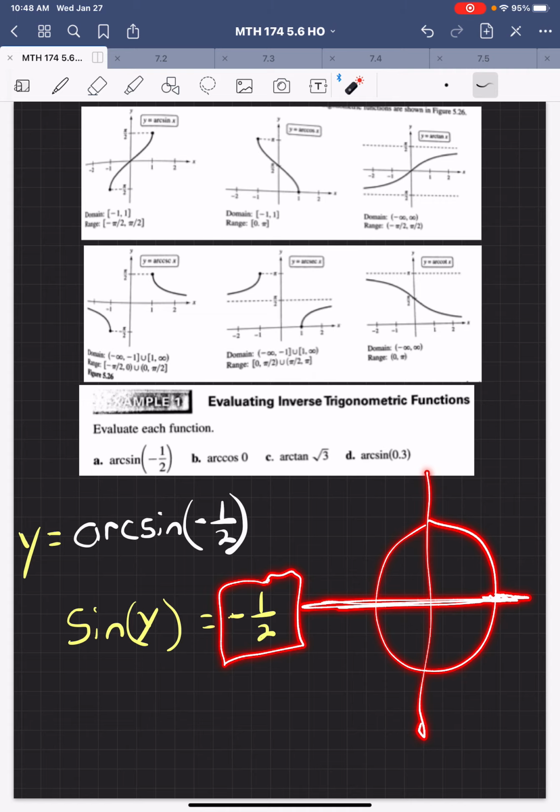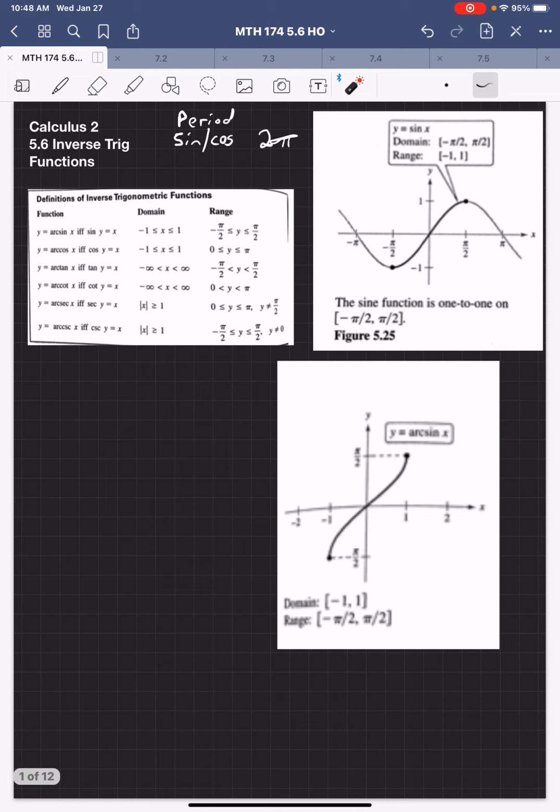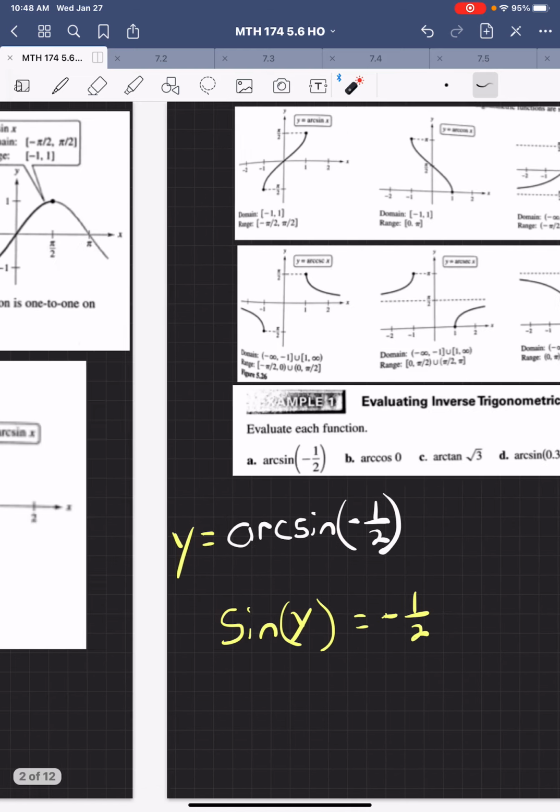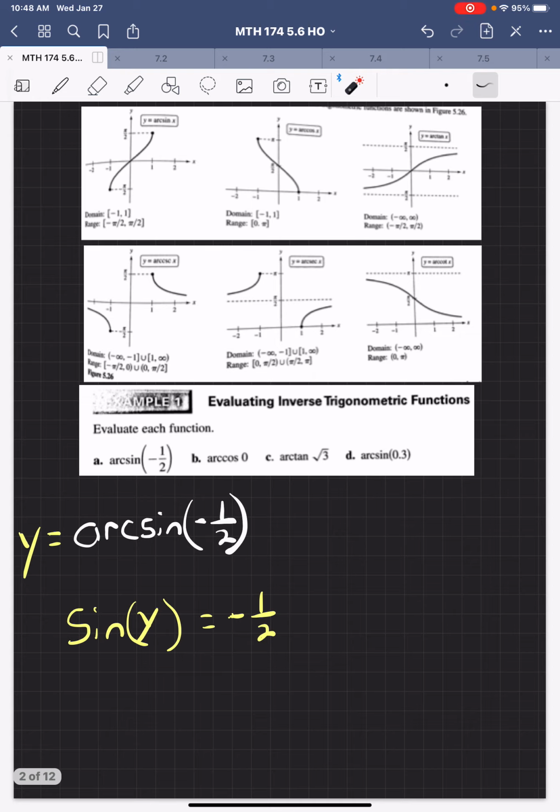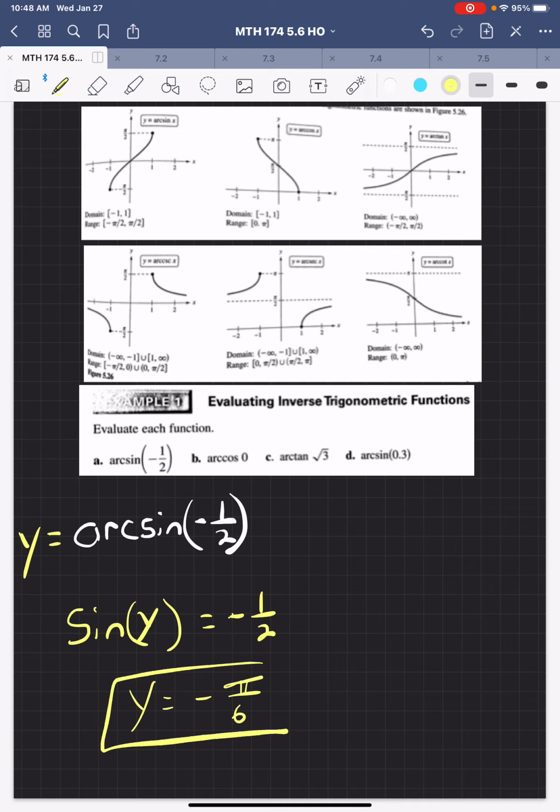We have to choose the one that is within the domain and range. So what angle has a sine of -1/2? Well, that angle would be -pi/6.